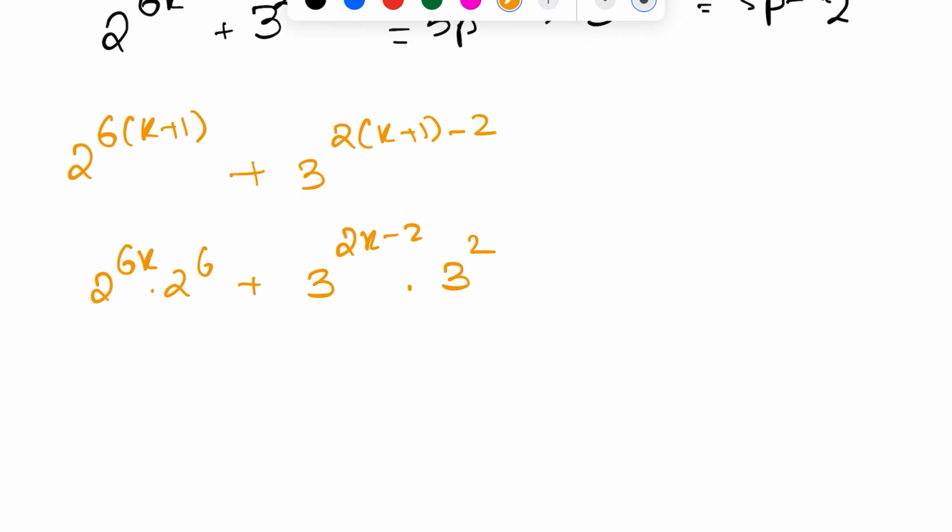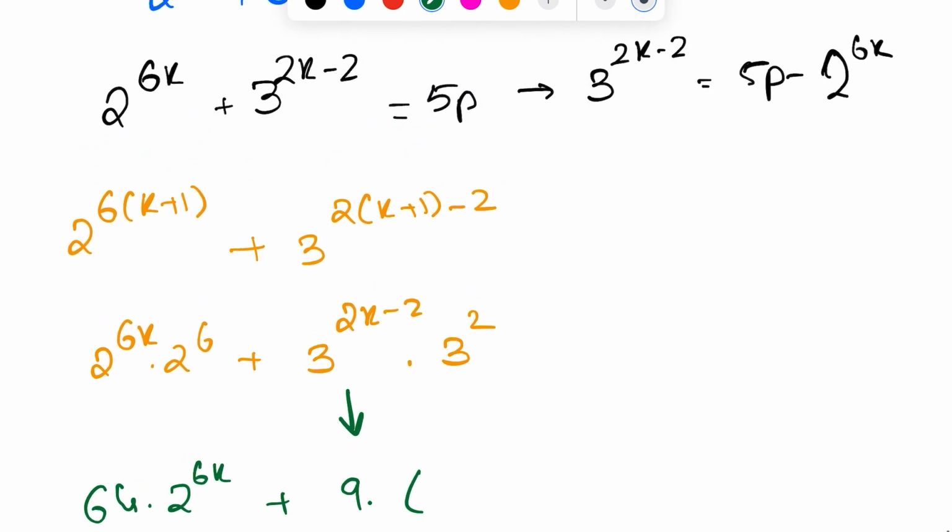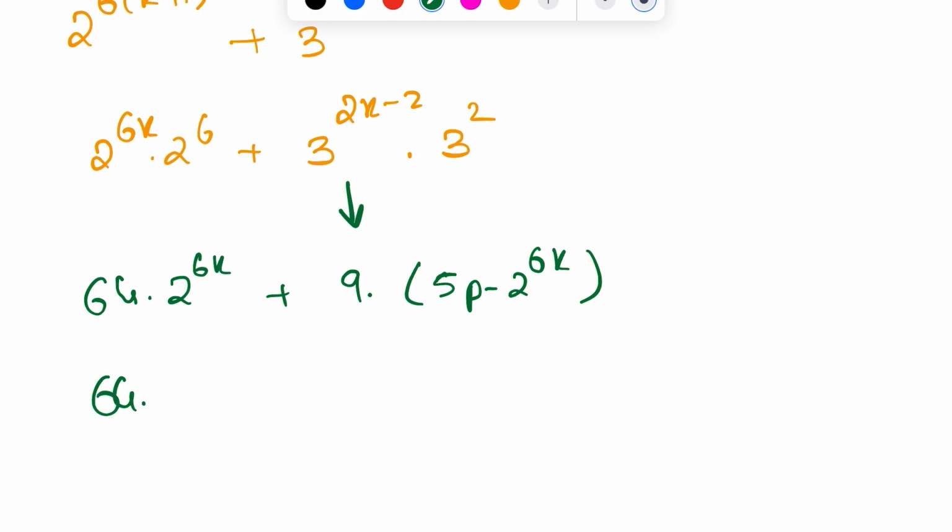So 3 power 2k minus 2 can be plugged in over here as a substitution part. So 2 power 6 is nothing but 64 times 2 power 6k plus 9 times, this is 5p minus 2 power 6k. So it becomes 64 times 2 power 6k plus 9 times 5p minus 9 times 2 power 6k.